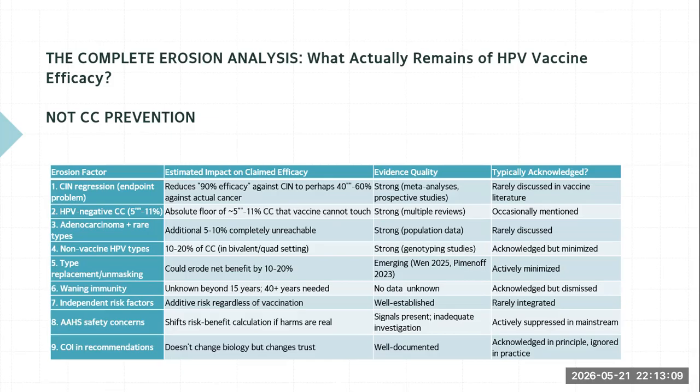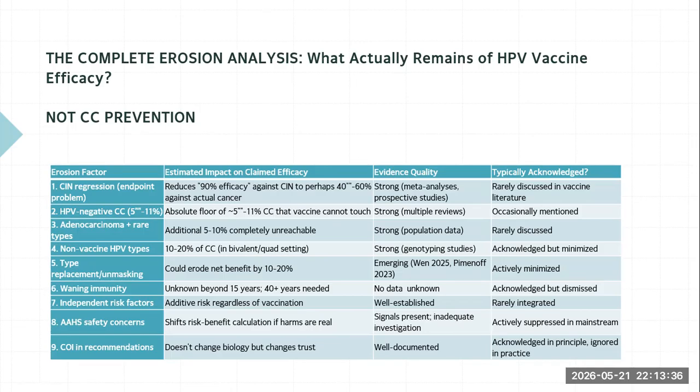Then there are already a lot of studies coming which are saying that there's a type replacement. Means if we give the quadrivalent or nonavalent, the other high risk types will start multiplying, and a patient who has been vaccinated might have higher chances of developing cervical cancer because of replacement by the other types, which are not being covered by the vaccine.